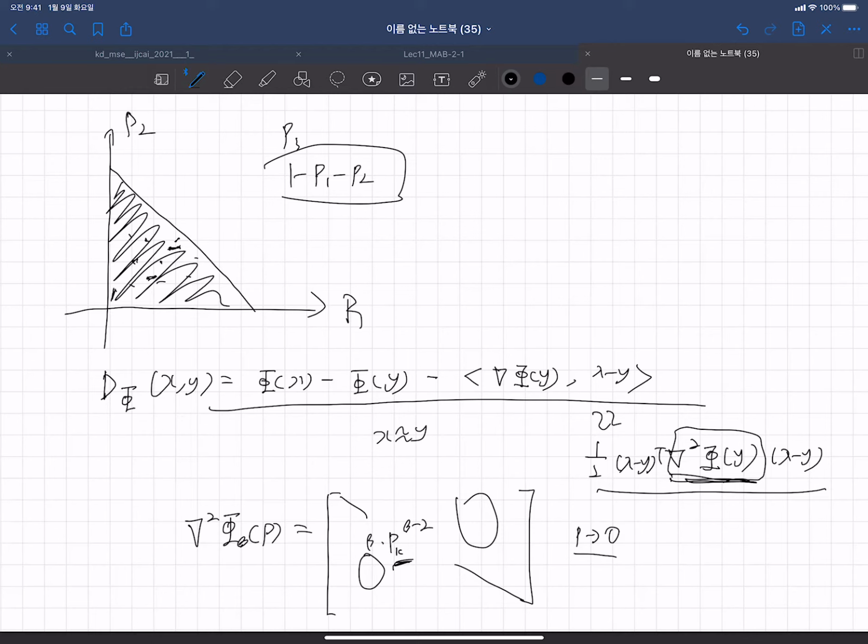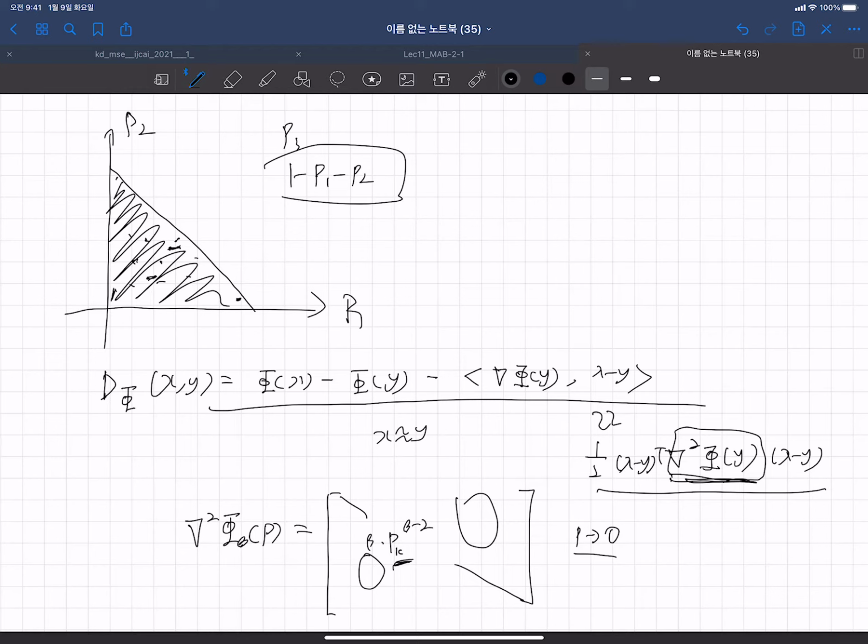So even if x minus y is very tiny in the sense of Euclidean distance, when it comes to Bregman divergence, the divergence between x and y can be very huge, especially when we are close to this boundary.